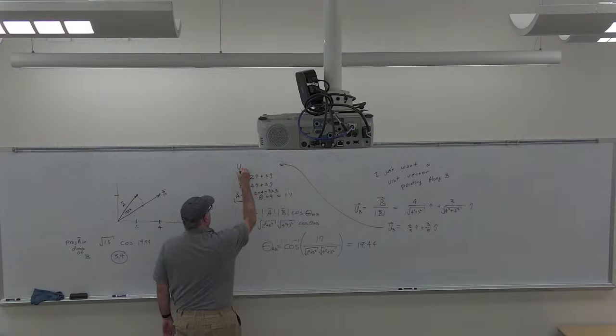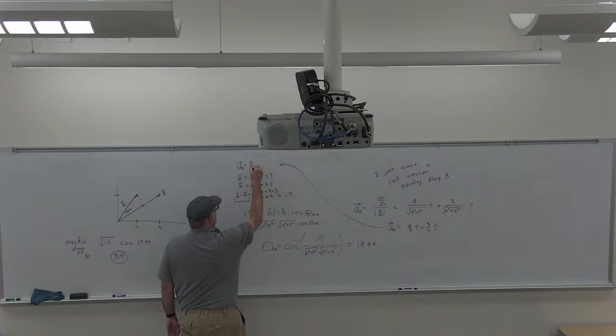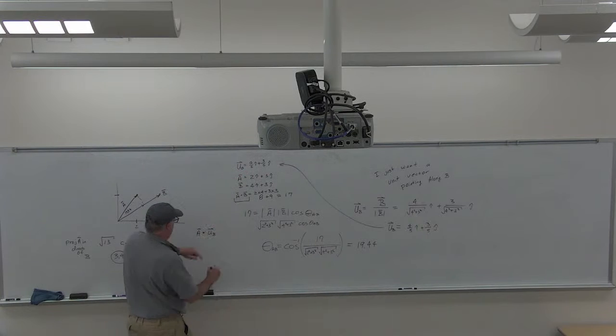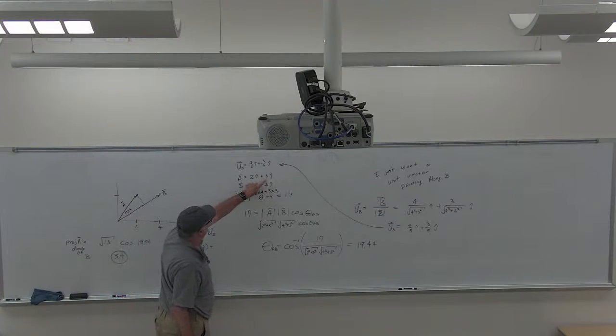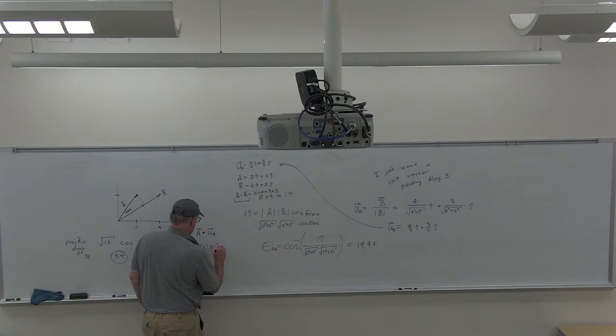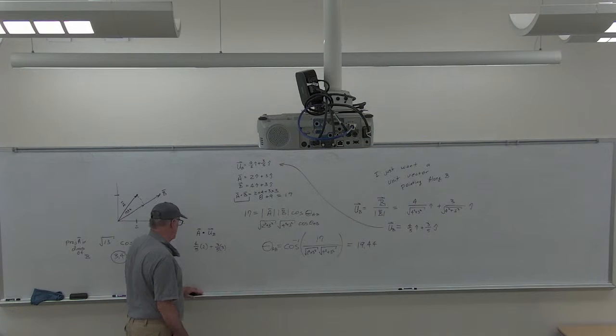So here's my unit vector in the B direction: 4/5 of I and 3/5 of J. Is that right? Okay, so that times that: 4/5 times 2 plus 3/5 times 3. That's a number.